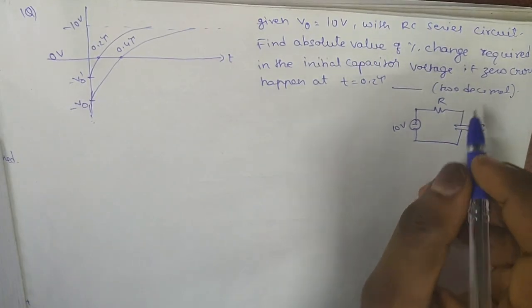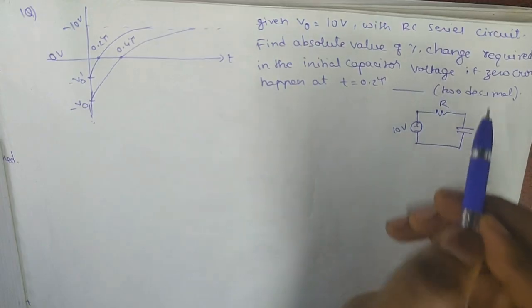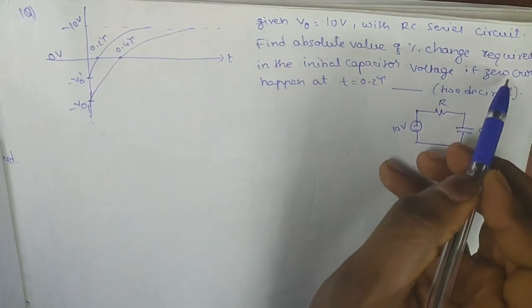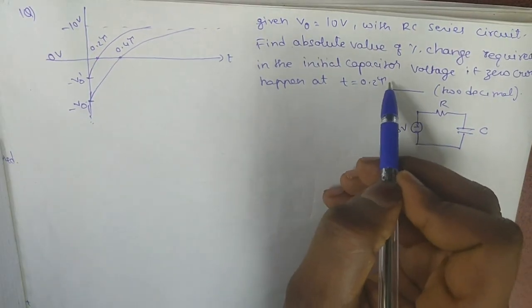This is an RC series circuit with R and C, 10 volts as the input voltage, and V naught is also 10 volts. What is the absolute value of percentage change required in the initial capacitor voltage V naught so that the zero crossing happens at 0.2 tau?